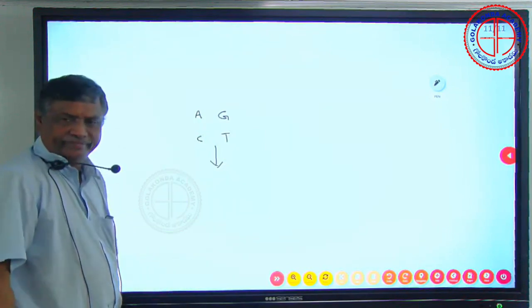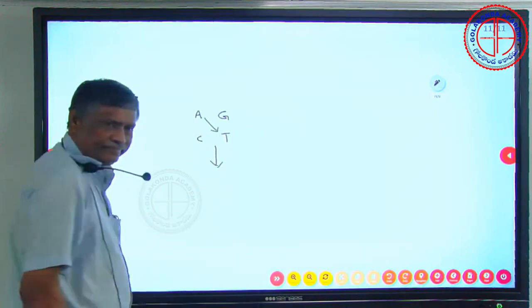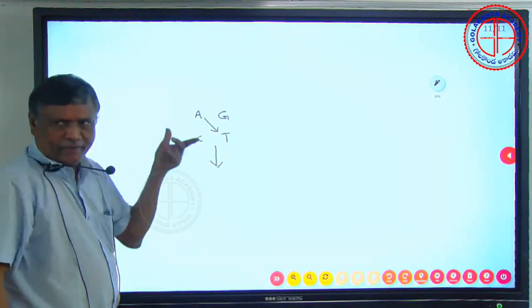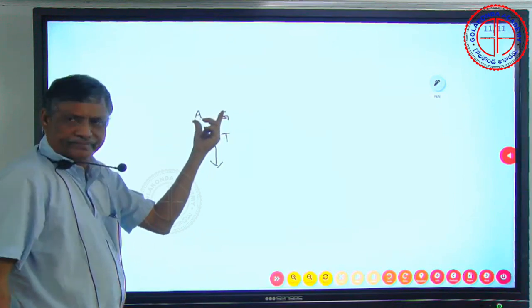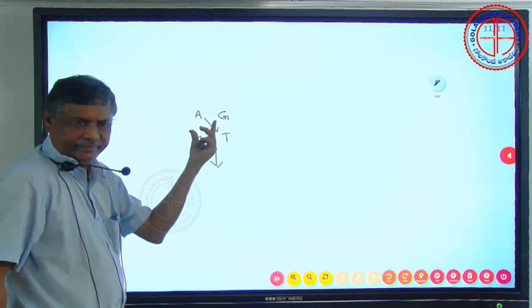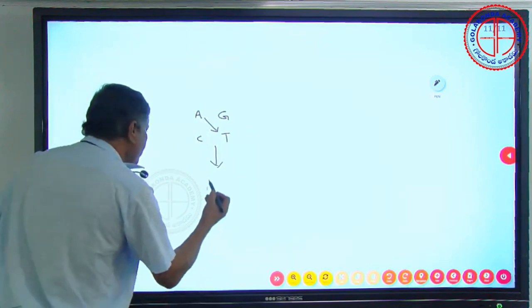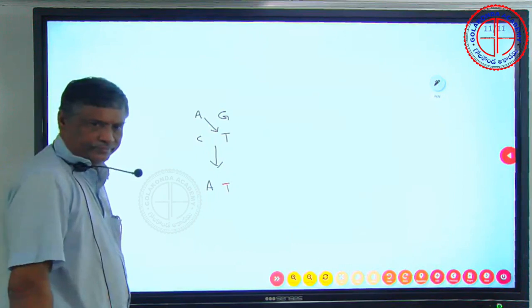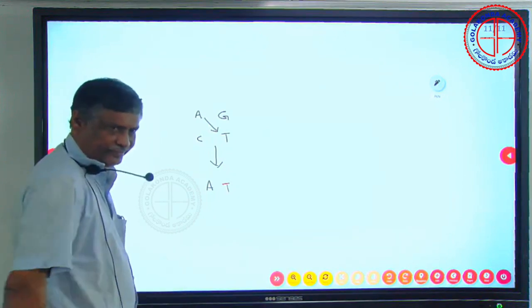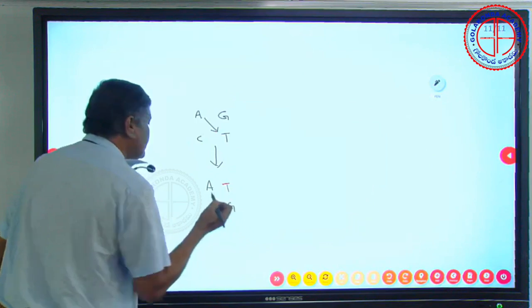The bond is in between A and T only, due to the opposite poles, not in between A and G. So A bonds with T, and C bonds with G.